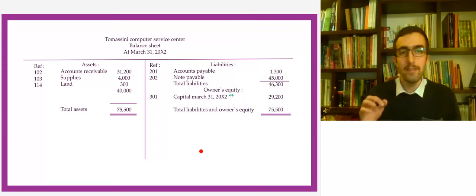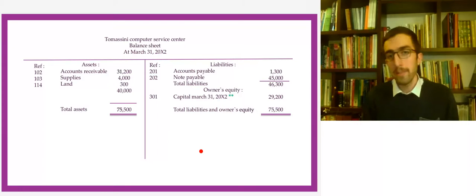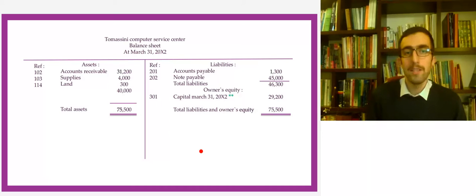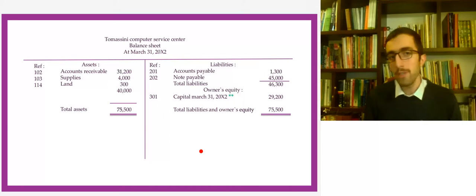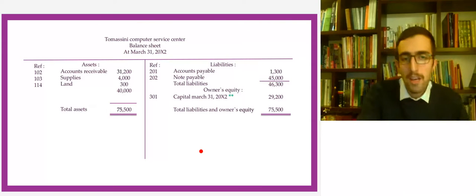And finally, total assets is equal to total liabilities and owner's equity. And the number of these is $75,500. And another name of the balance sheet is the statement of financial position, because it shows the position of the business and the company.